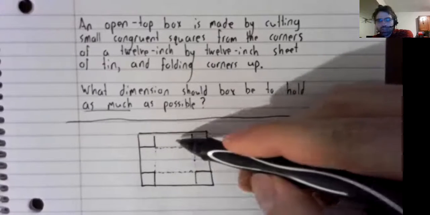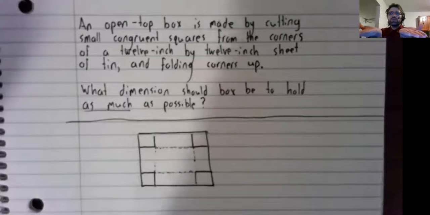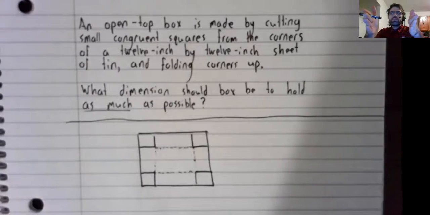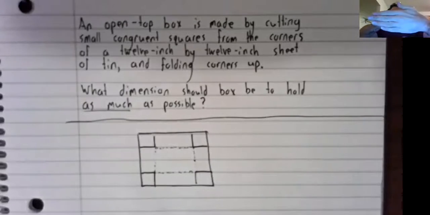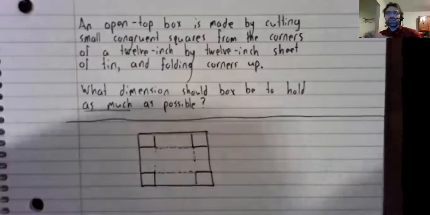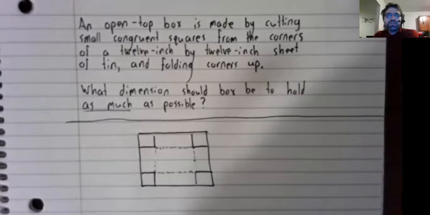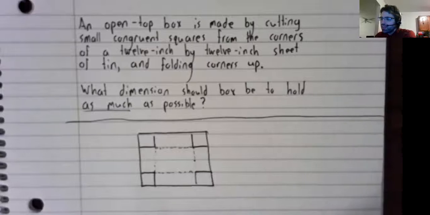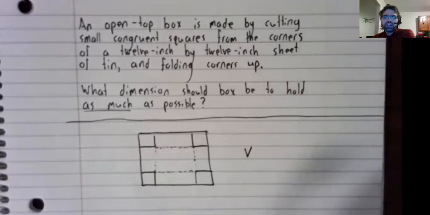A flap here, here, here, here. We take those, we fold them up, and when we fold all 4 of them up, we get a box, and we'd like that box to hold as much as possible. In other words, we're trying to maximize the volume.